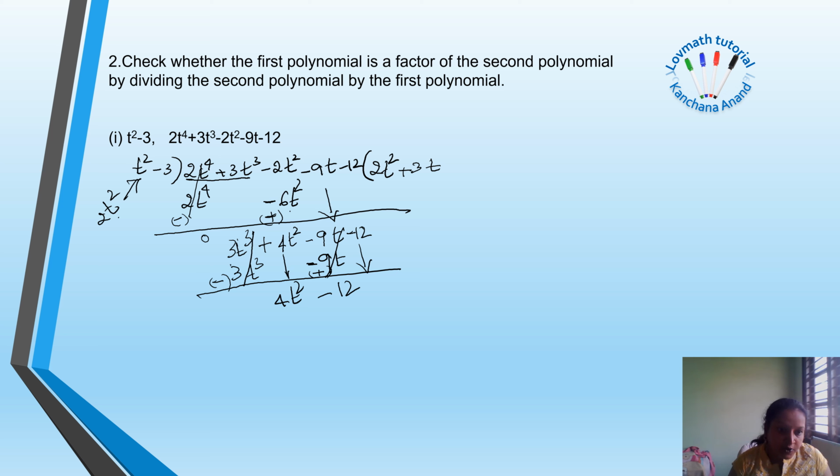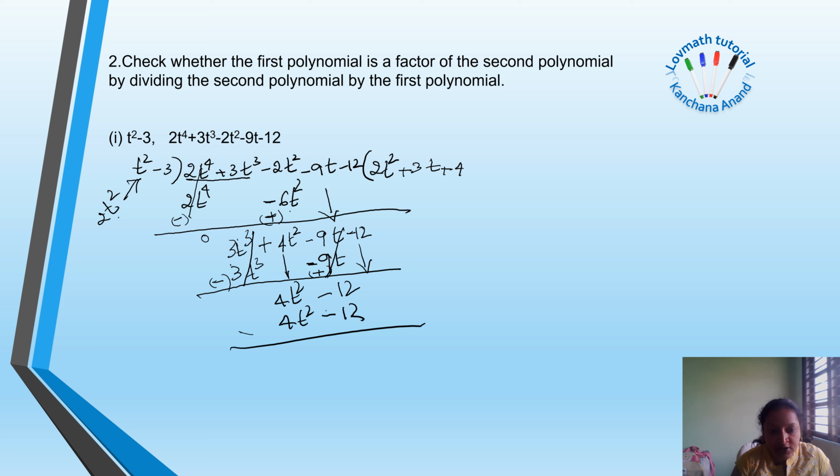To divide this further, let us multiply the first polynomial, that is t square minus 3 by 4, that is plus 4. We'll get 4 into t square is 4t square, and plus 4 into minus 3 is minus 12.